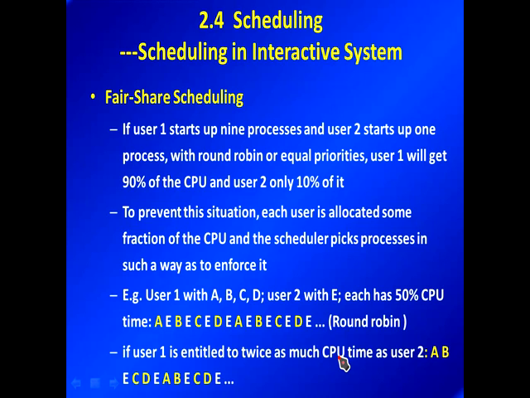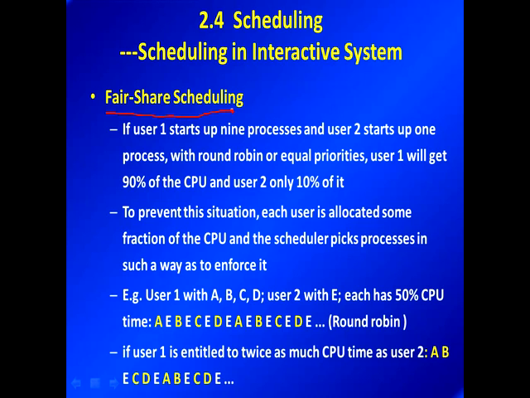We just consider how much CPU time needs to be allocated to which process at which point. And this fair share scheduling considers something about different users.